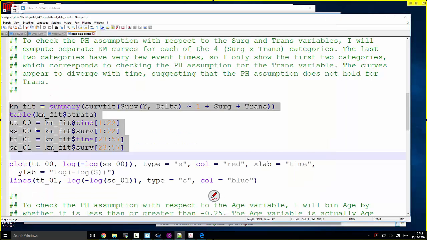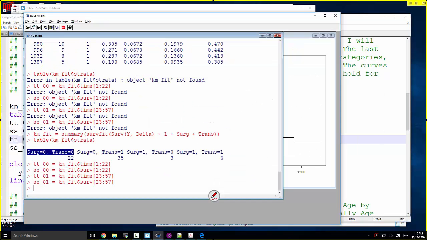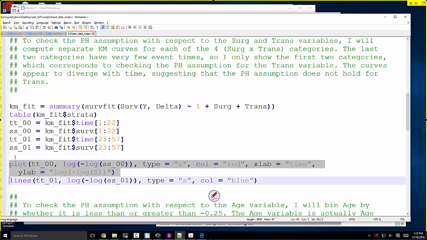These are the times and the survival probabilities for those 2 groups. No transplant, no surgery, but yes transplant. So we can now make a picture. Here is time on the horizontal axis and log minus log survival probabilities for the no, no group.